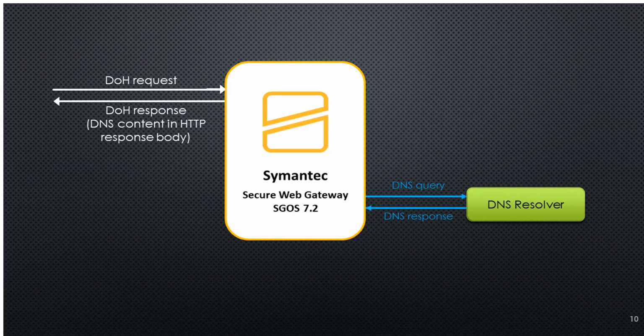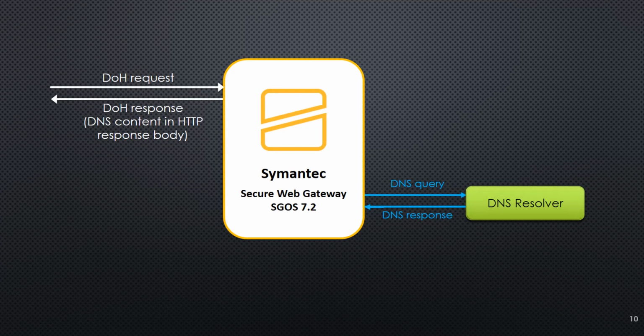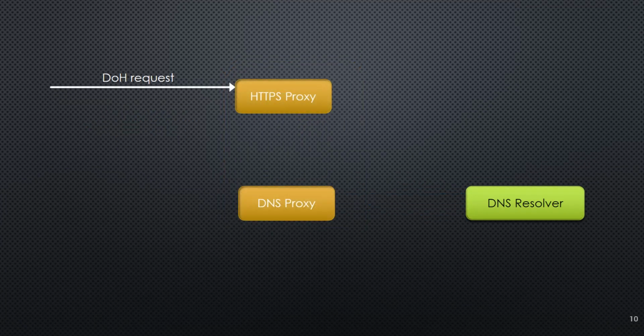Symantec Secure Web Gateway already has multiple types of internal engines that understand different types of protocols. We call them proxies. Here, the HTTP proxy will receive the DoH request and will realize its nature. It will understand that there is a DNS request embedded within, so it will pass it to its neighbor, the DNS proxy, which by design understands every single component of that DNS request.